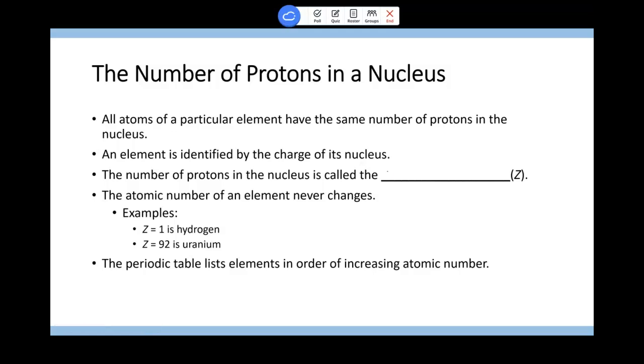This is called the atomic number, or capital Z. The atomic number for a specific element never changes, and our periodic table is organized with elements listed in order of increasing atomic number.